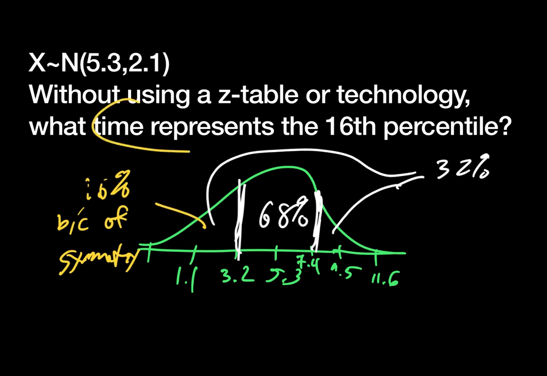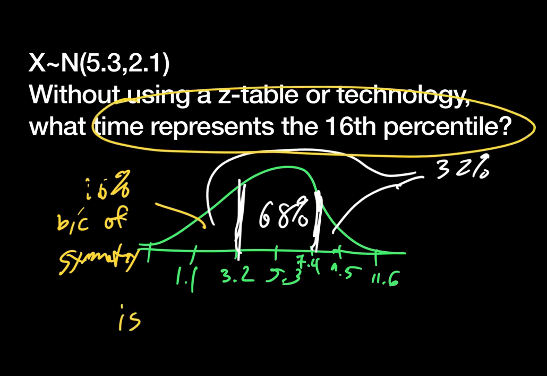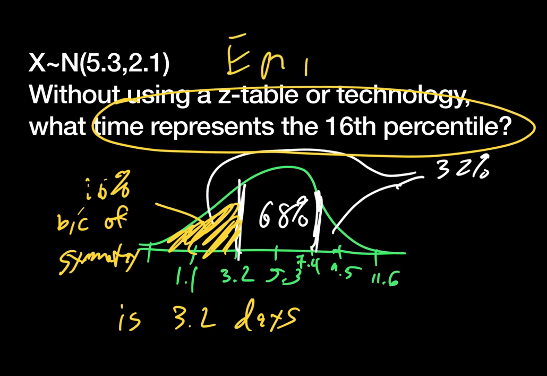So the time that represents the 16th percentile is 3.2 days. Because this area is 16%. Using the empirical rule.